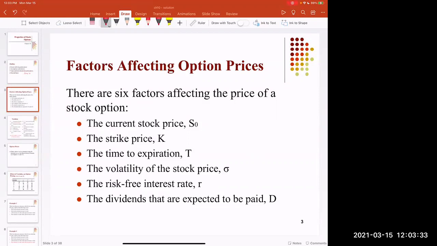The book explains these factors in great detail, but we don't have time to discuss each in detail, so please read the book before class. For example, current stock price will affect the price of a stock option, and the strike price, time to maturity, volatility, risk-free interest rate, and the dividends.